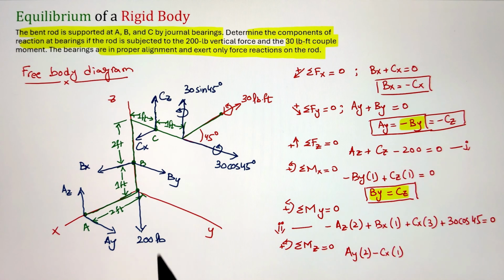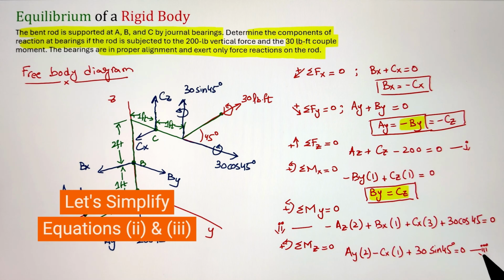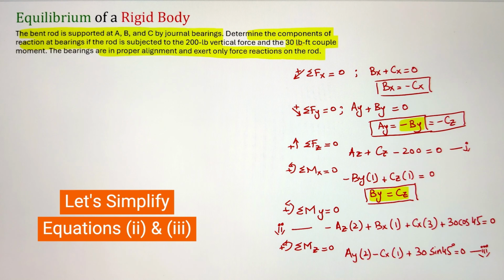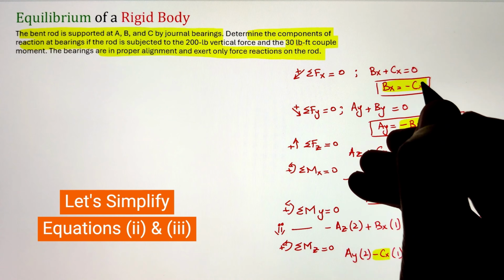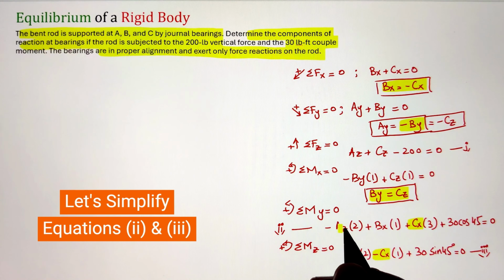So we are only left with Ay that has a moment arm of 2 feet, creating our counterclockwise moment, and Cx creating our clockwise moment with a moment arm of 1. Finally, our couple moment component of 30 sin 45 is also going in the counterclockwise direction.